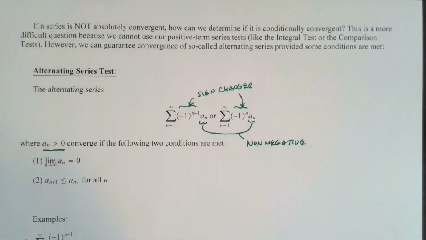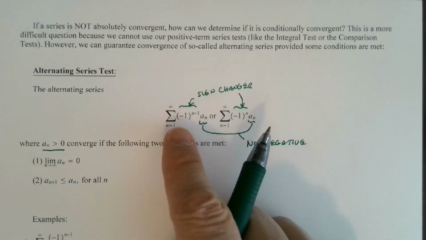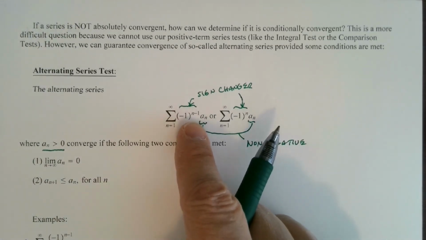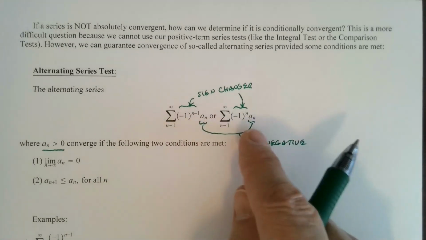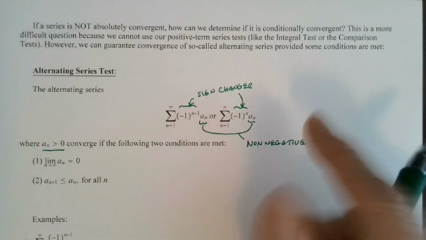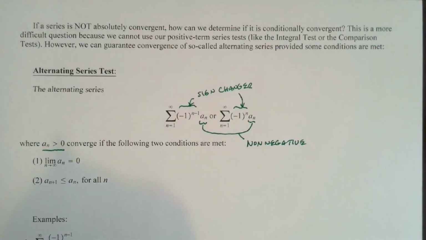In fact, we have them being positive. So this sign changer starts off with a positive term, and then the next one will be negative, and then positive. In this one, when n equals 1, you get negative 1, so it's going to be negative, then positive, negative, positive. It just depends on whether you start with a positive or negative term.